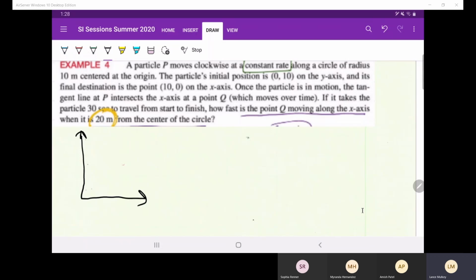So you have a circle, and this is (10, 0), and this is (0, 10). And you have a point P that is somewhere on the circle. If any of y'all get confused by anything, please just ask a question.